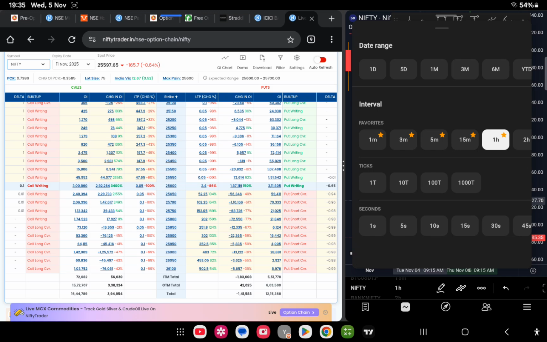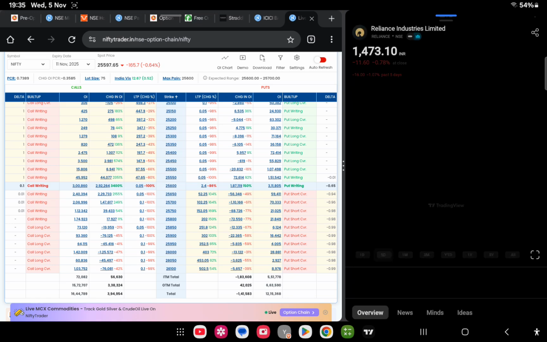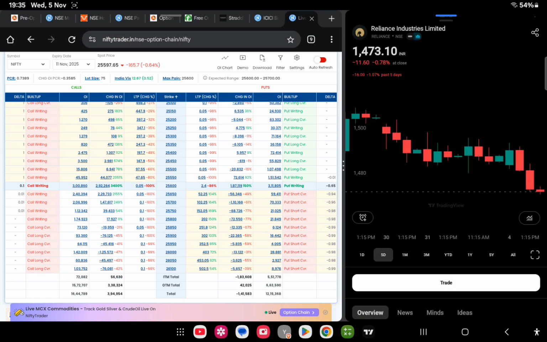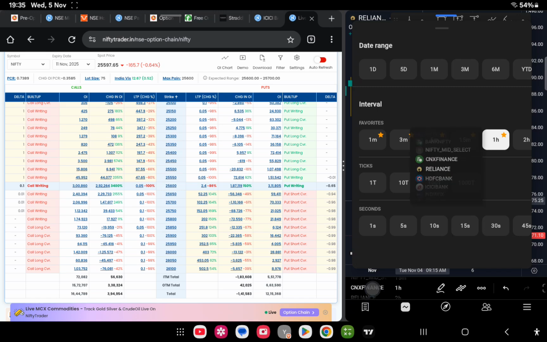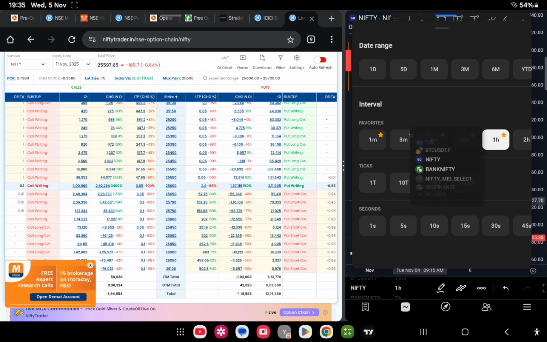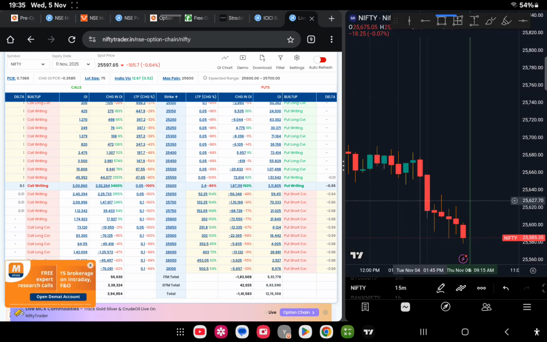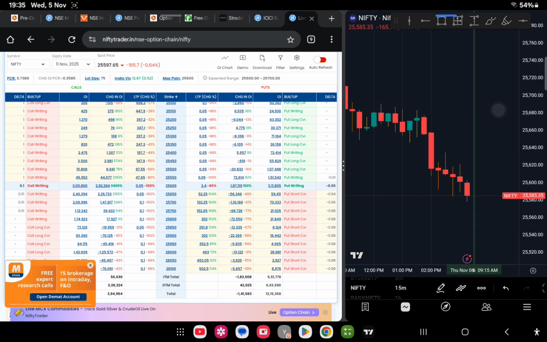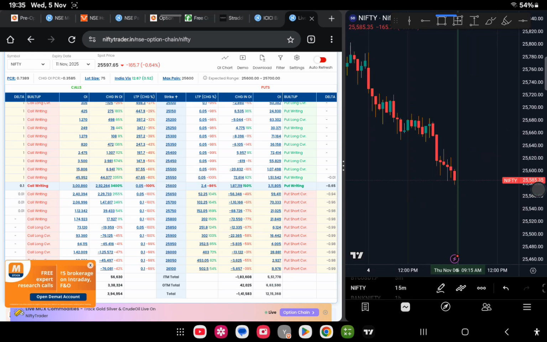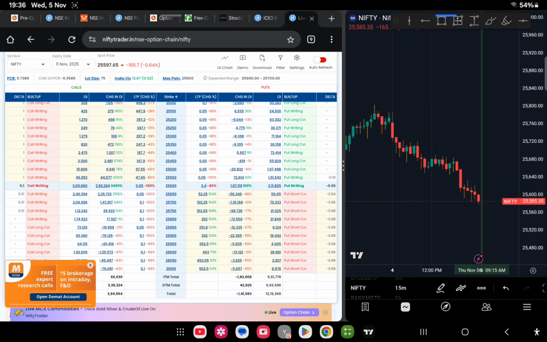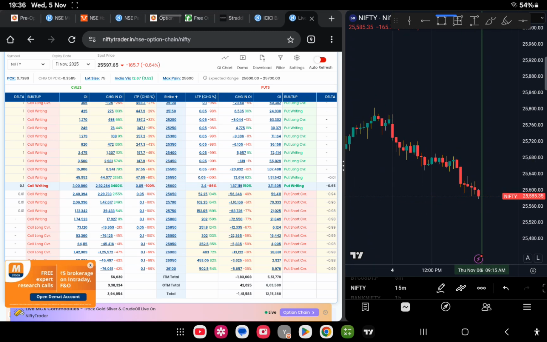Okay, let's just take 15 minutes. This is how the chart looks for 15 minutes. You could clearly see first half downside and then second half also it was a downtrend.